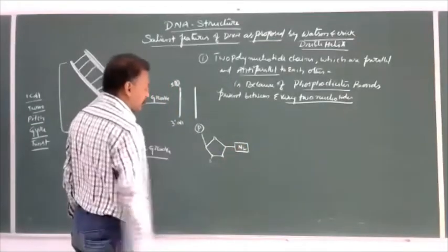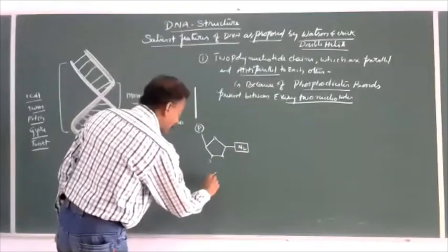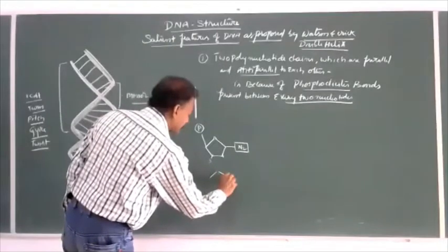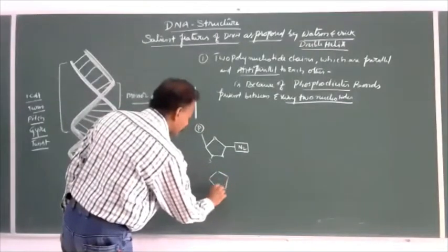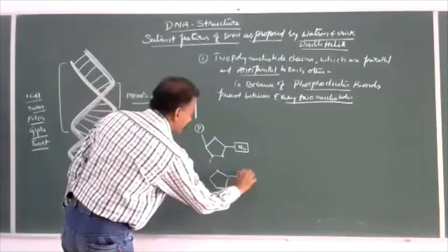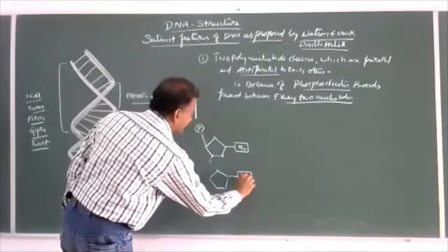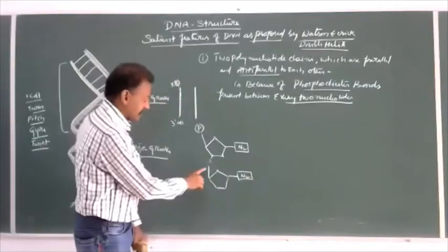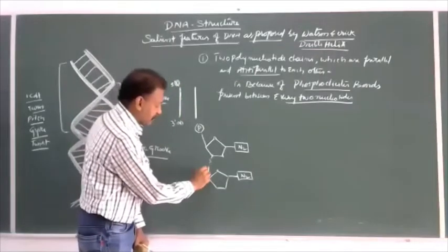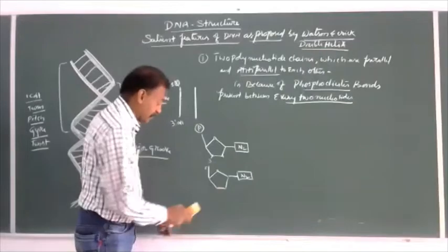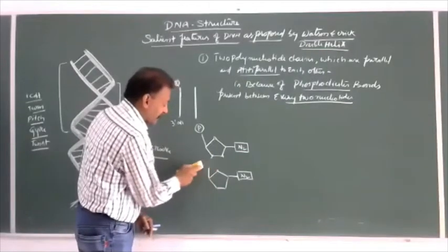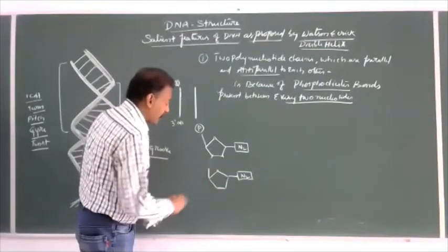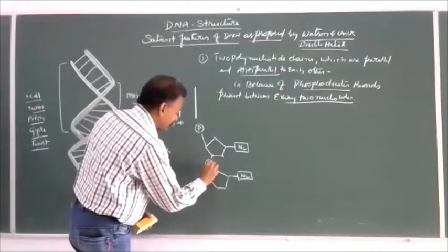This is one nucleotide. In another nucleotide, N2 base is added. Between the fifth carbon and the third carbon, there is a phosphodiester bond.